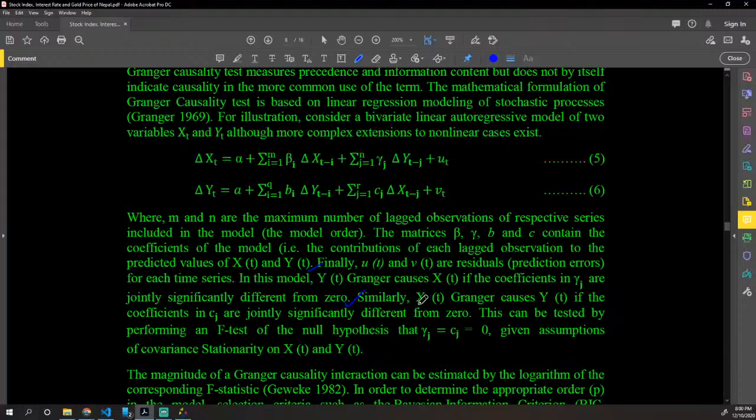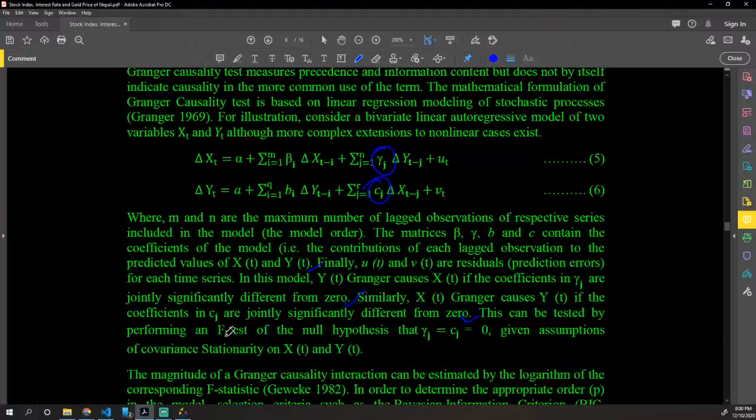Similarly, x_t Granger causes y_t if the coefficients of c_j are jointly significantly different from 0.